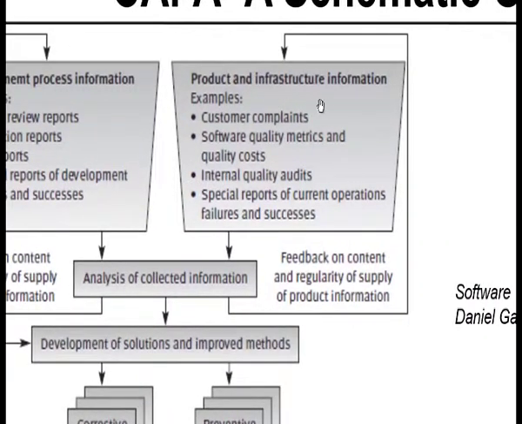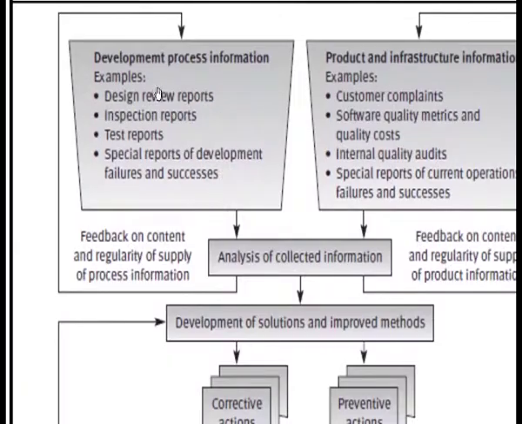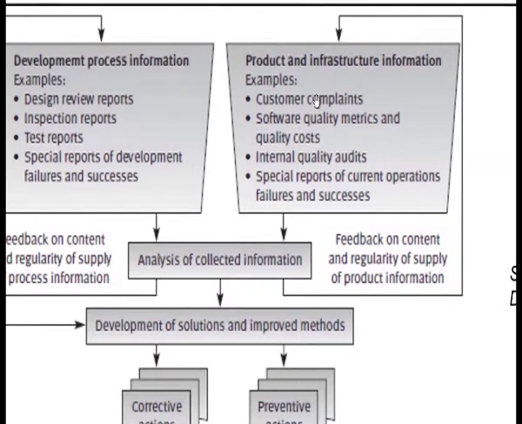Product and infrastructure information, examples: customer complaints, software quality metrics and quality cards, internal quality audits, special reports of current operations, failures and success. We have development process information and product and infrastructure information.